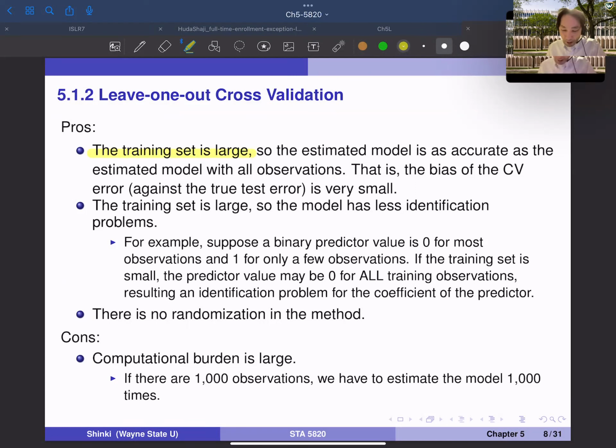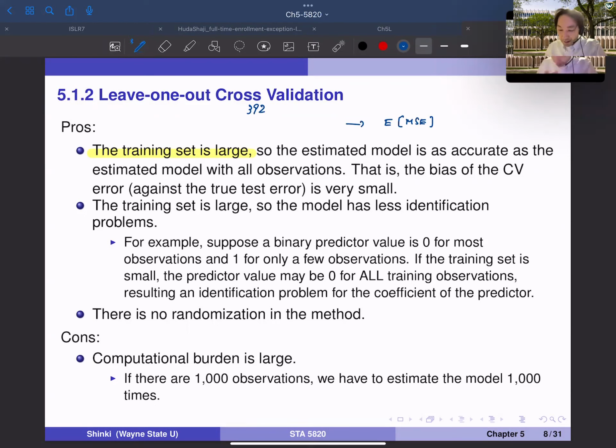That is, the bias of the cross-validated error is very small. It's a little hard to understand, but we want to use 392 observations to develop a model. Then we want to estimate the expected size of MSE, right? So basically, we want to use all observations.